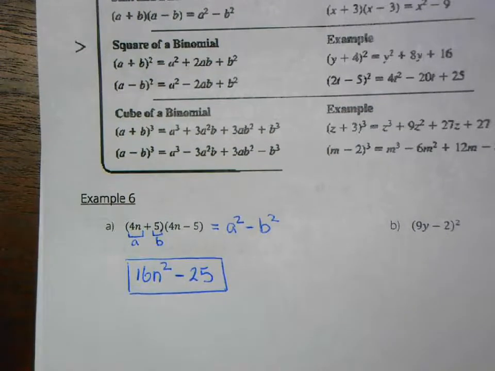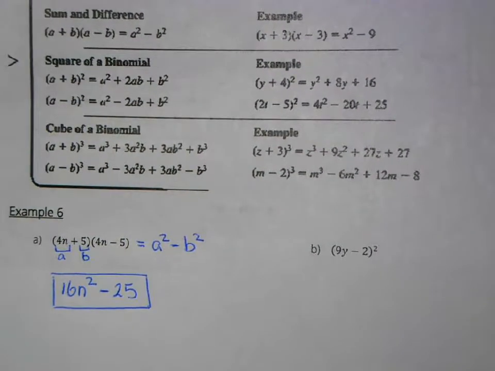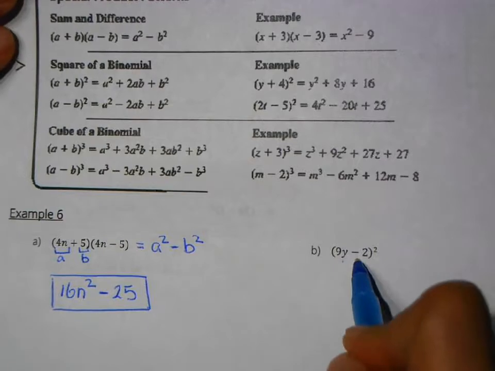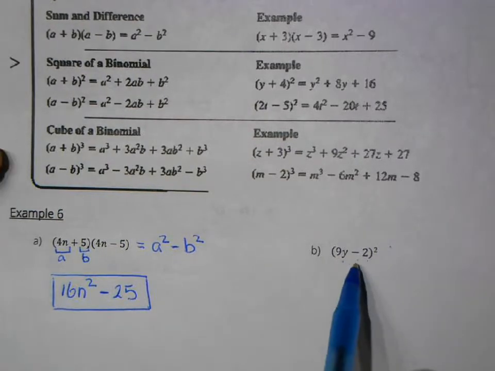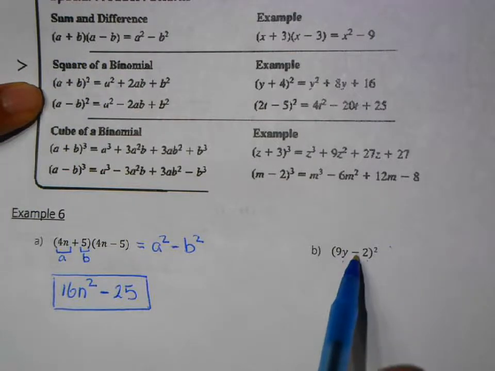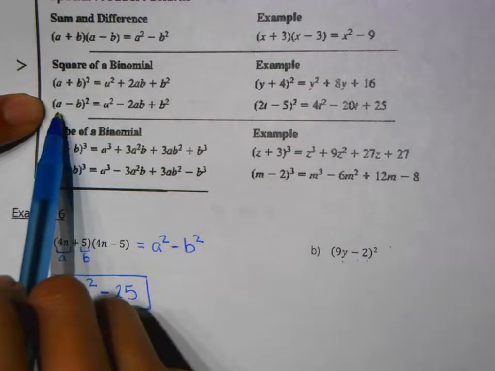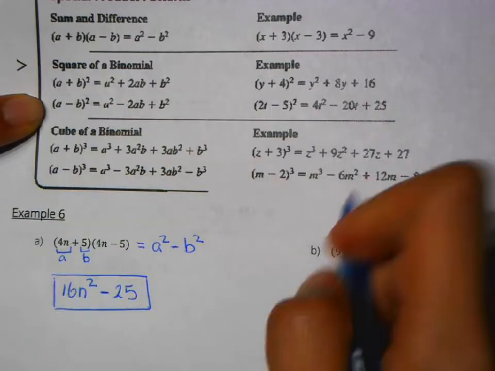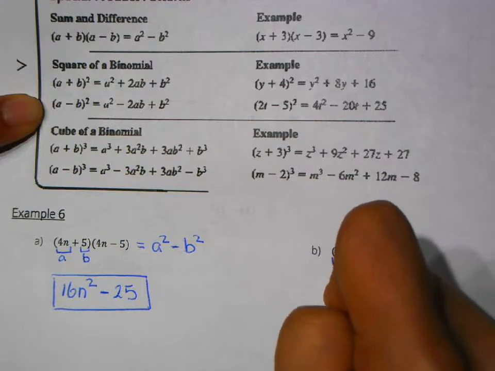If you look at example part B, this one is 9y minus 2 squared. So in this case, you have a square of a binomial, and this is a subtraction. So now this is what I'm going to end up with. I have a minus b squared, right? My a is 9y, my b is 2.